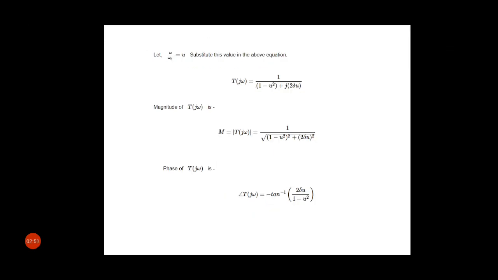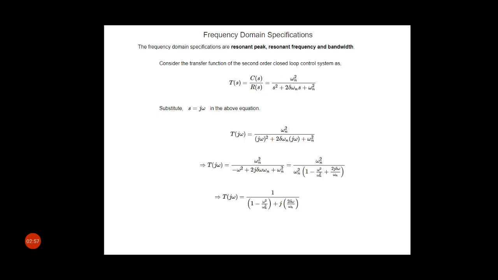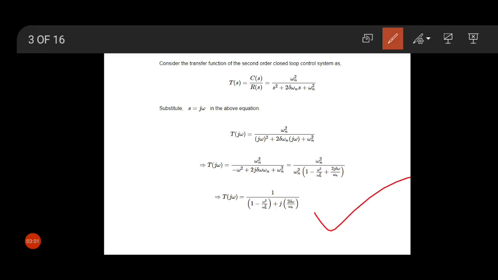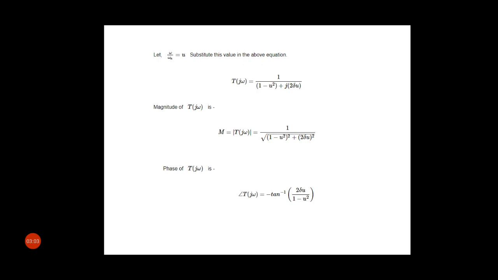Now we substitute omega by omega_n equal to u in this equation, so T(j omega) equals 1 divided by 1 minus u square plus j into 2 zeta u.